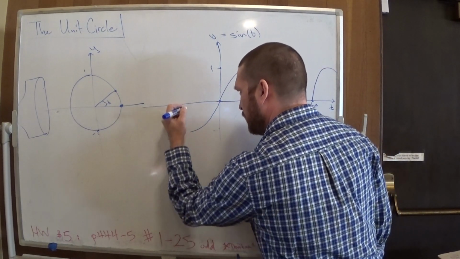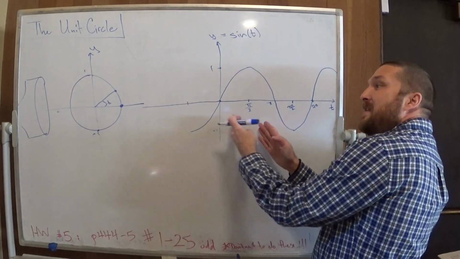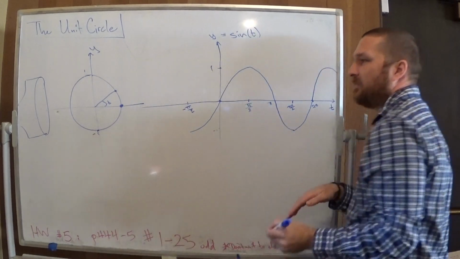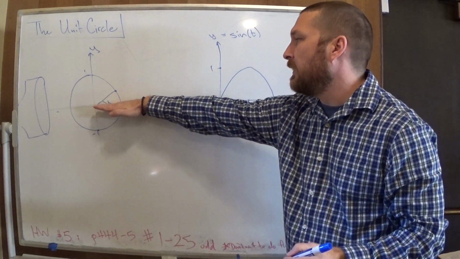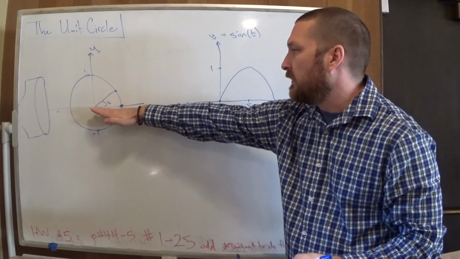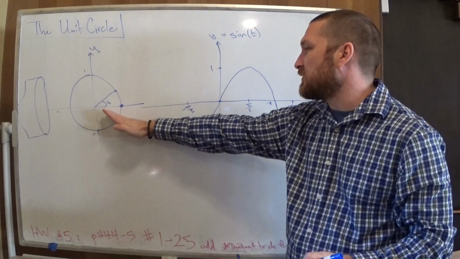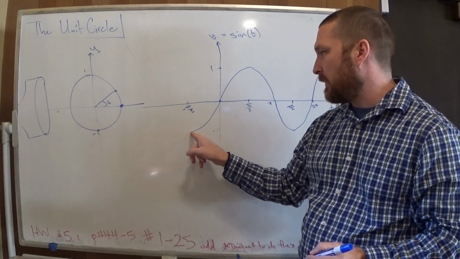Well, still pi over 2, but now negative pi over 2, because now we're measuring in terms of negatives, right? If we had gone in the opposite direction, we would be going -1 radian, or minus 45 degrees, or whatever. So this would be minus pi over 2, where it hits its minimum.